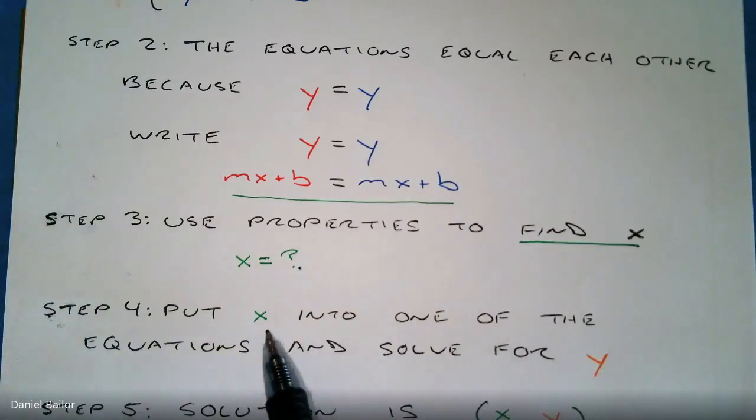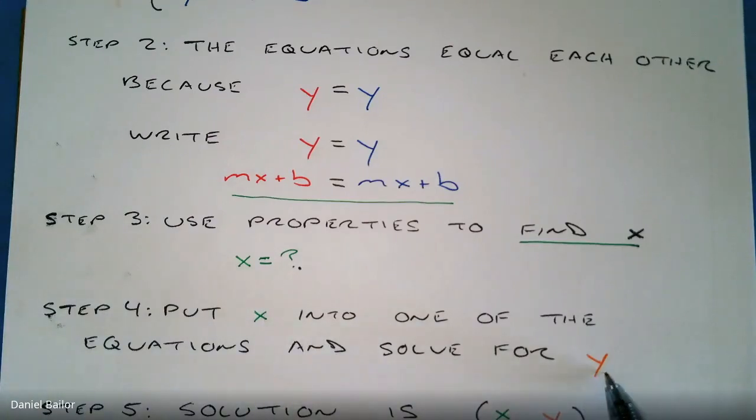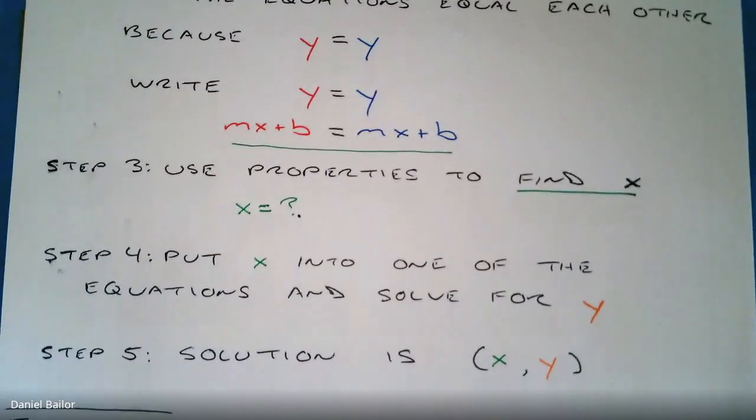So step 4 is use step 3's x to find y. And then step 5, because you find x in step 3, you find y in step 4, step 5 is just to write your solution, because your solution is a set of coordinates, x comma y in parentheses. So you have your solution.